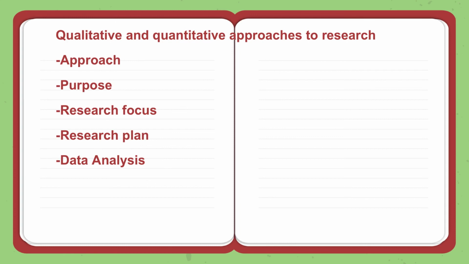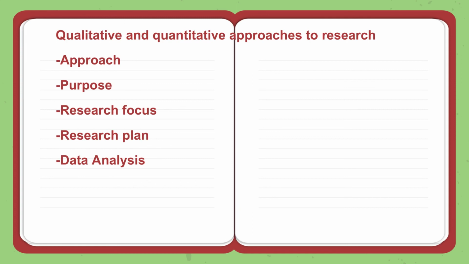The research plan in quantitative is developed before the study is even initiated, and it's structured and its proposal is formal. In qualitative, it begins with an initial idea that evolves as the researcher learns more about participants and setting, and it's very flexible and changes as the researcher is collecting more data and constantly analyzing it.